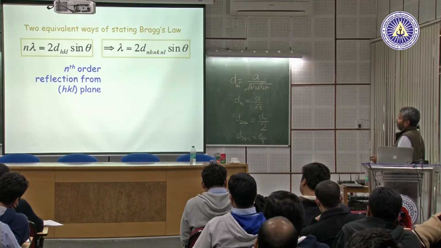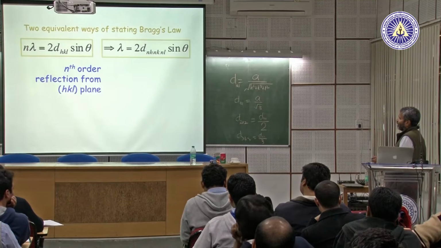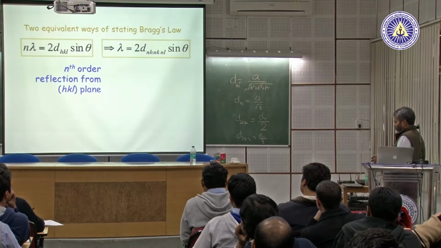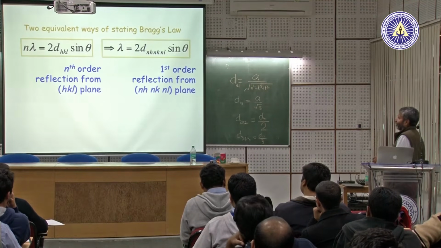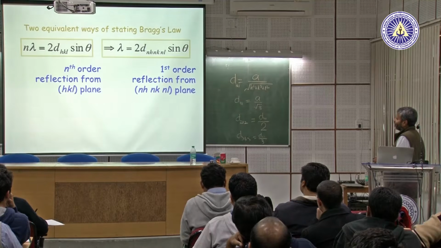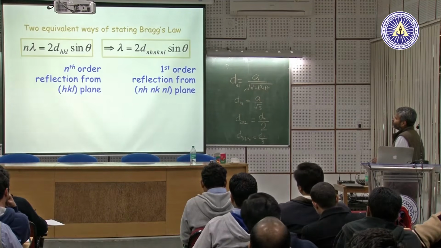Depending on this n, you define the order of the diffraction or order of reflection. Here n is always 1. So, this is always the first order reflection, but you change the plane.